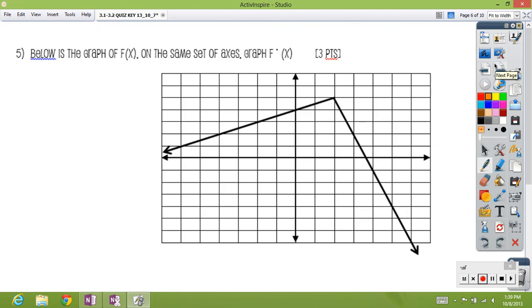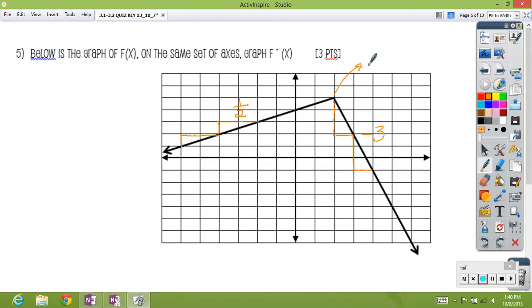Number 5, below is a graph of f of x. On the same set of axes, graph f prime of x. So f prime is the slope, right? That's the easiest way to say what the derivative is. So the word slope comes to mind. If you look at this piece of the line, it goes up 1 over 2, up 1 over 2. So that guy's slope is 1/2. This one goes down 3 over 1, so this guy's slope is negative 3.